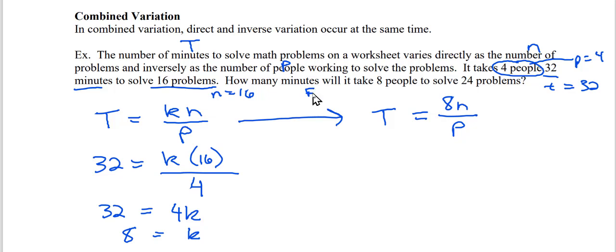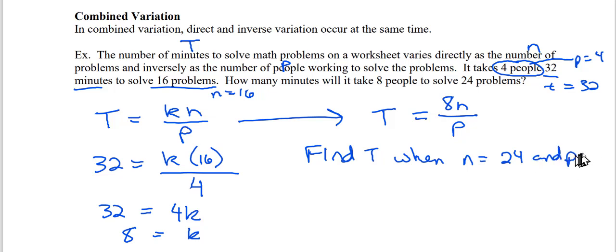So the question is asking you to find T, that's the number of minutes, when the number of problems, N, is 24, and the number of people, P, is 8.